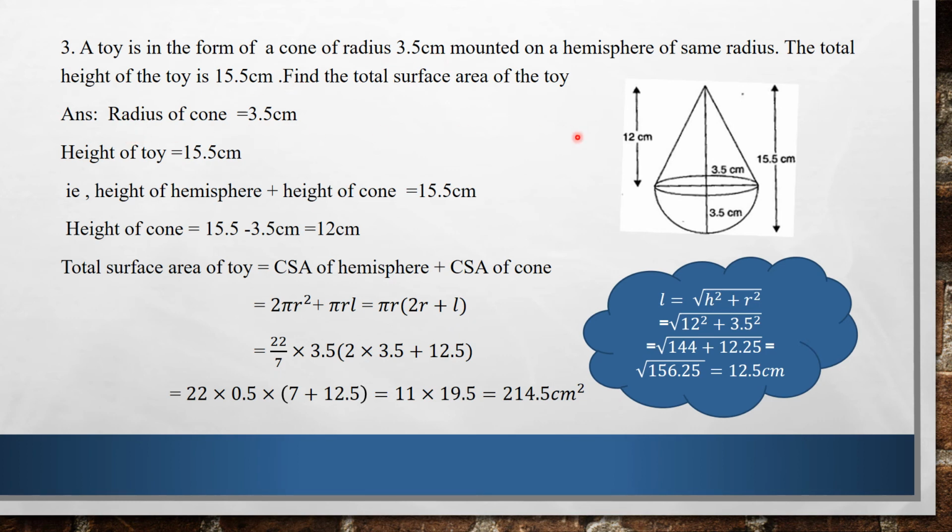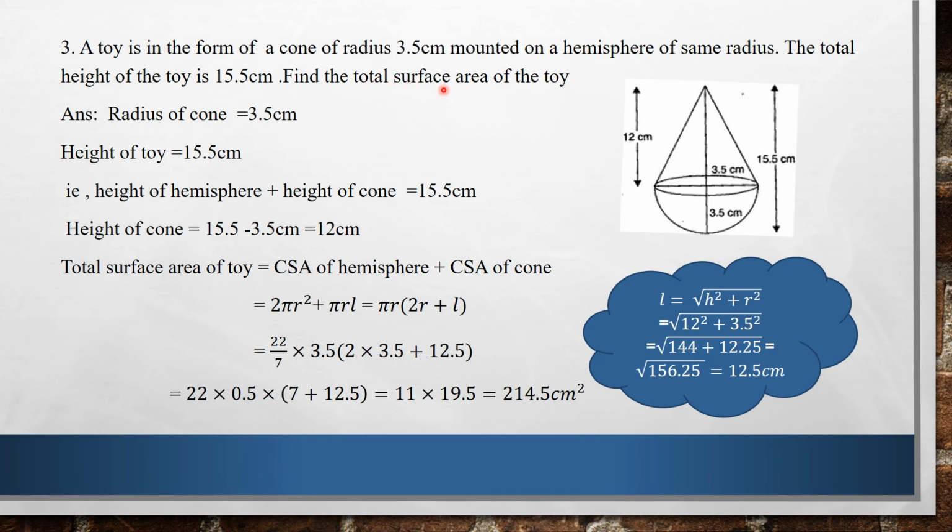Therefore, radius of the hemisphere also will be 3.5 centimeter. Now we are given the total height of the toy is equal to 15.5 centimeter. That is, height of the cone plus height of the hemisphere is equal to 15.5. As we know, the height of the hemisphere is same as the radius of the hemisphere. We can find the height of the cone as 15.5 minus 3.5 equal to 12 centimeter.